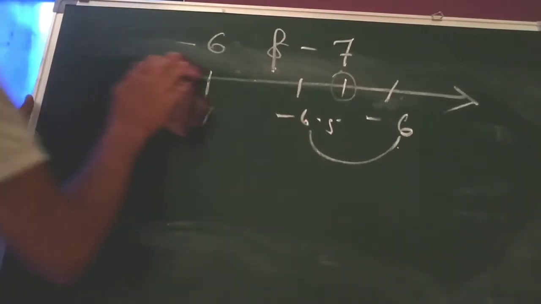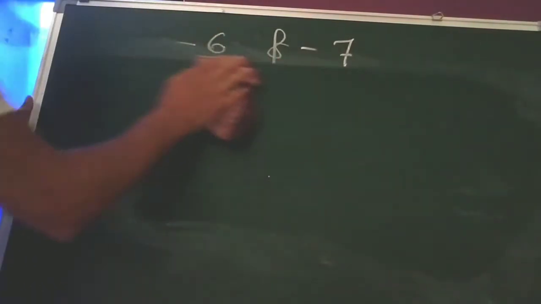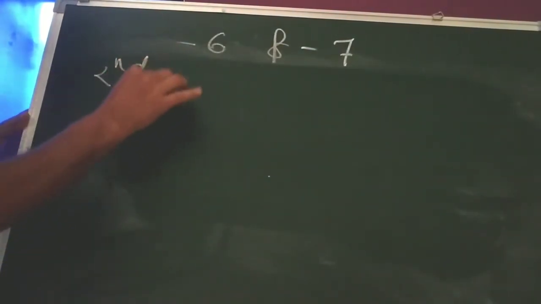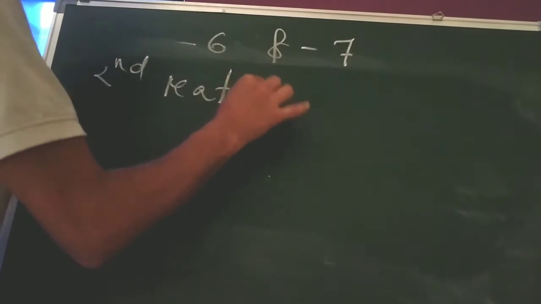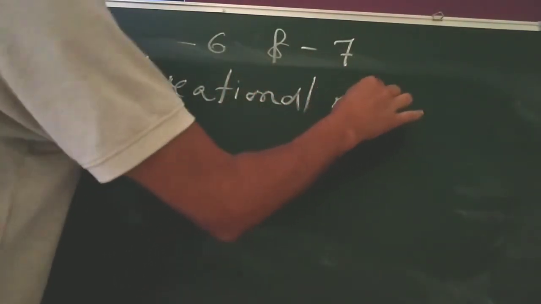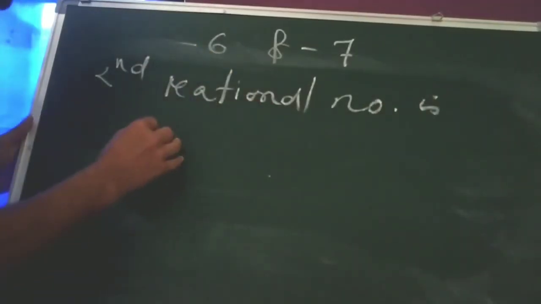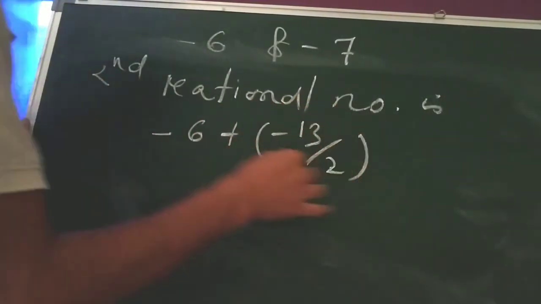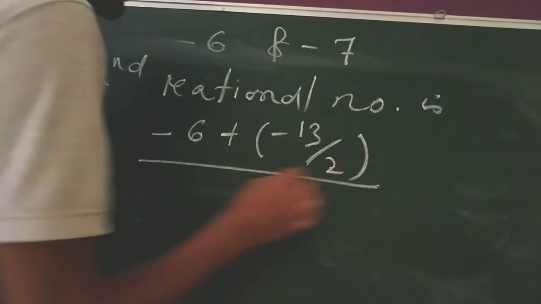So let us find the second rational number between minus 6 and minus 7. The second rational number is minus 6 plus minus 13 by 2, it was 6.5, yes, divided by 2.